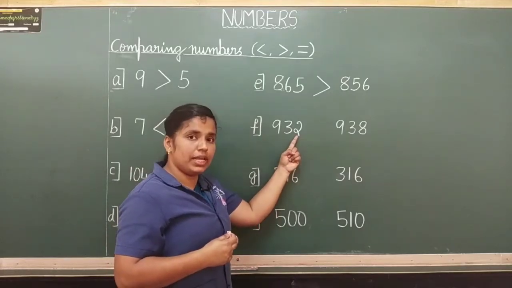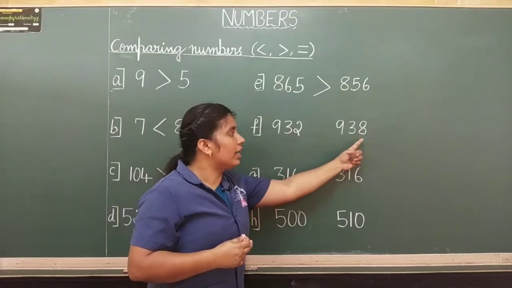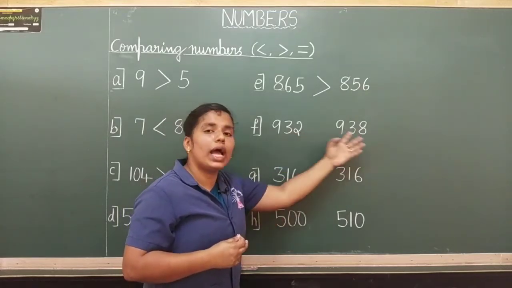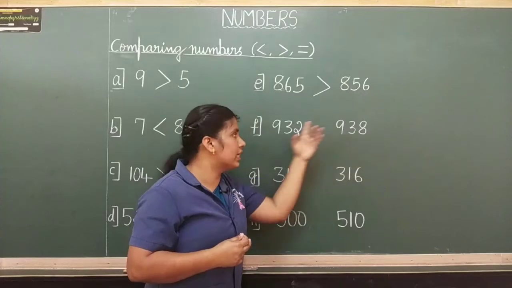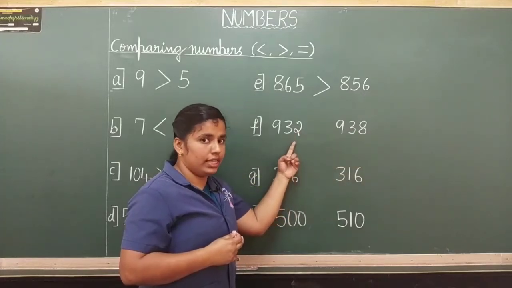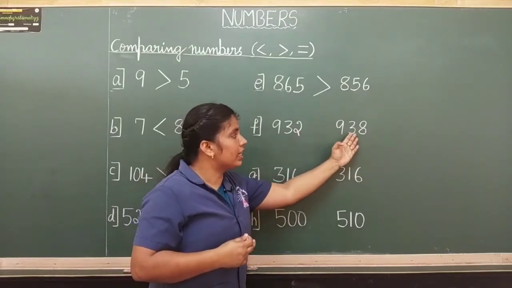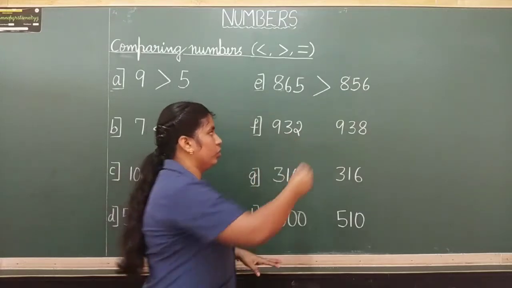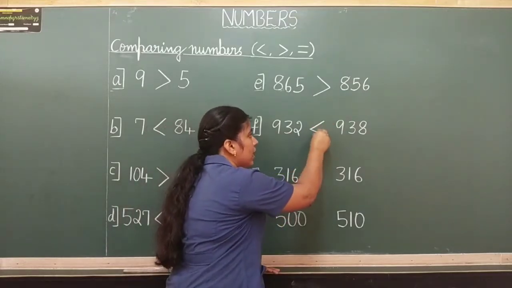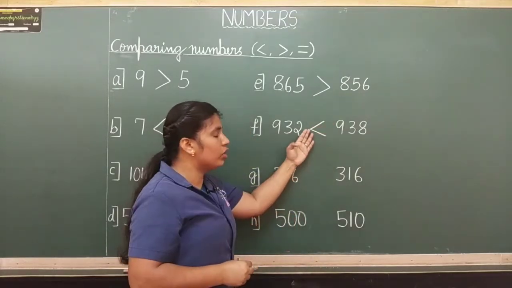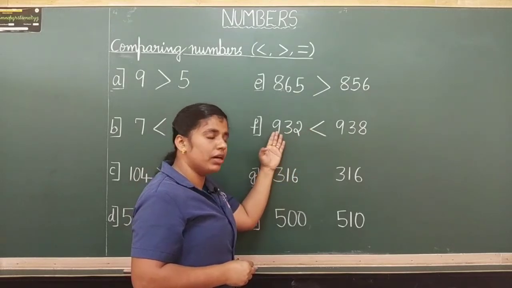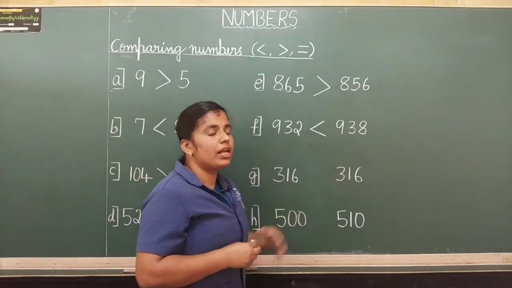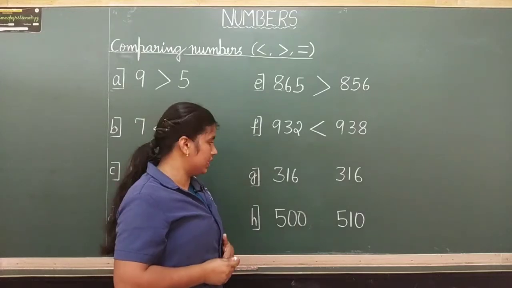Here in the ones place we have 2 and here we have 8. If we compare 2 and 8, 8 is greater than 2. Therefore, 938 is greater than 932. So, we have to put the symbol like this, closed side towards the smaller number, open side towards the greater number. Let us move on to the next example.